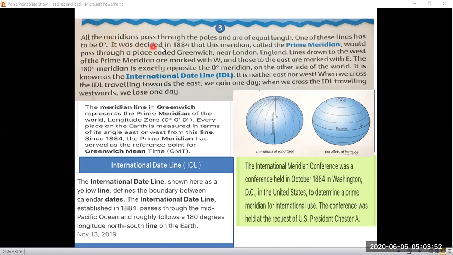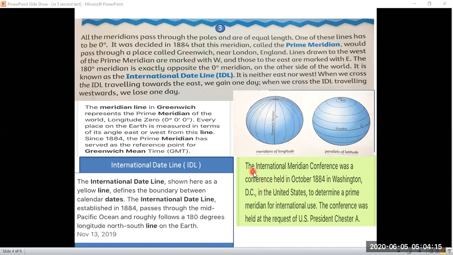It was decided in 1884 that this meridian is called the prime meridian. These are also called prime meridians. Longitudinal meridians are the latitude meridians. When were these decided? In 1884.